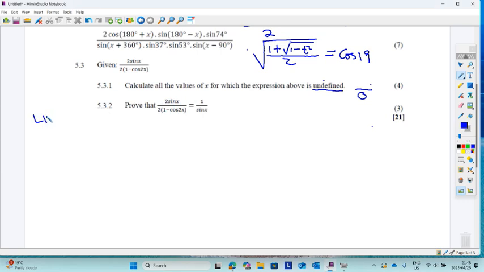So my left-hand side is equal to, let's simplify here, we have 2 sine x all over 2 multiplied by this bracket here, 1 minus cos 2x, and then this is equal to, I can cancel here 2 and a 2 there, so I'm left with sine x over this bracket.